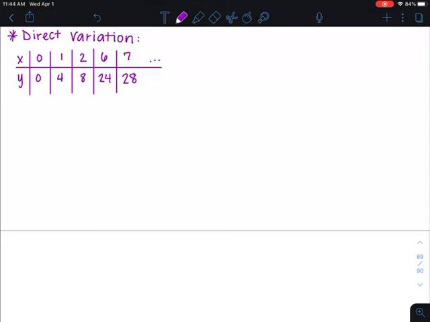So, the directions for using this table say, find the constant of variation for this table of values.